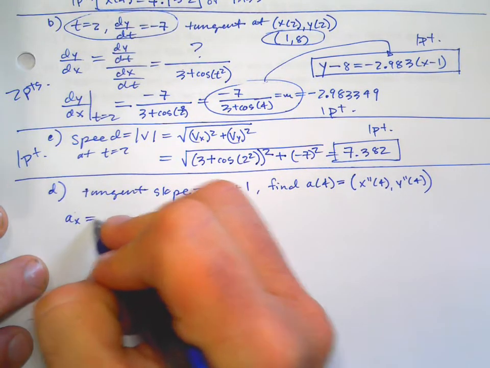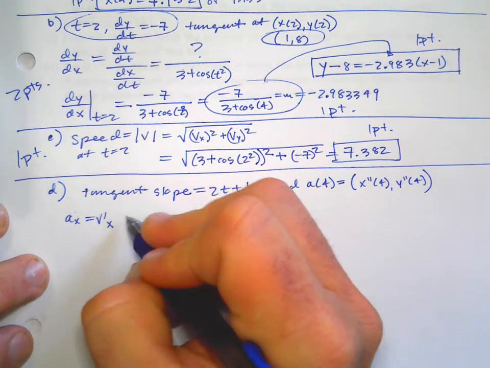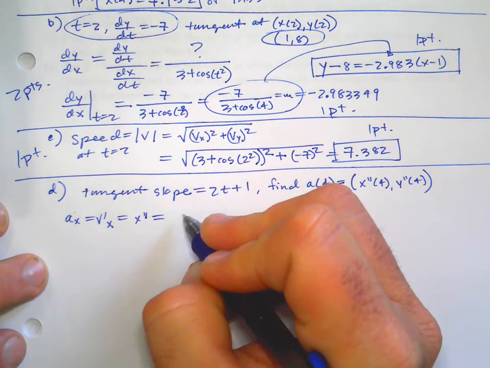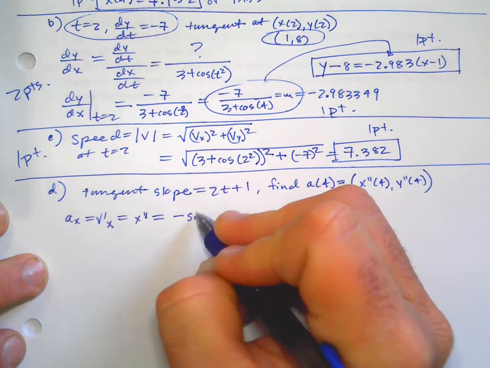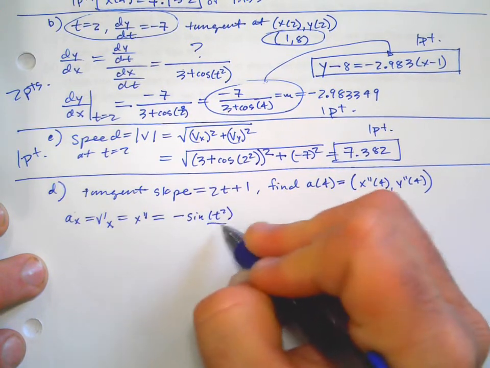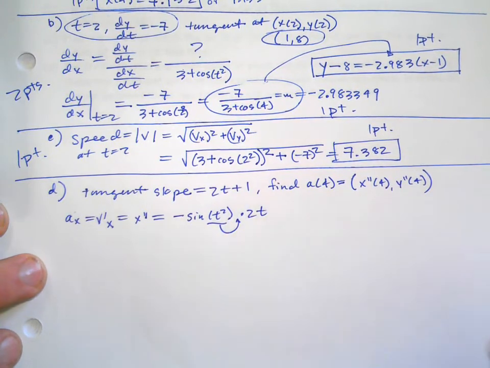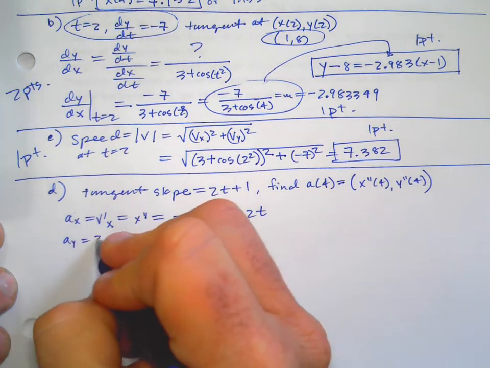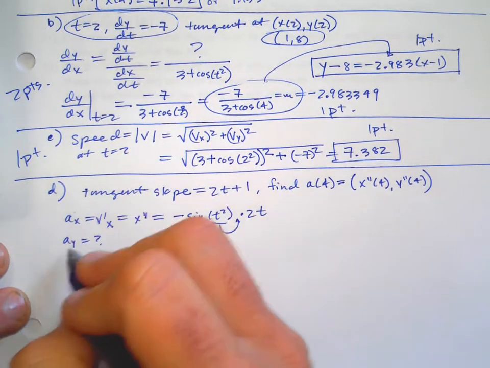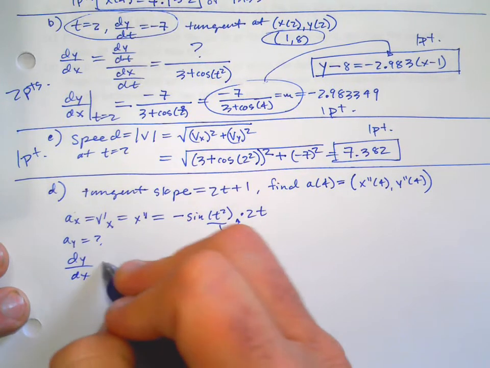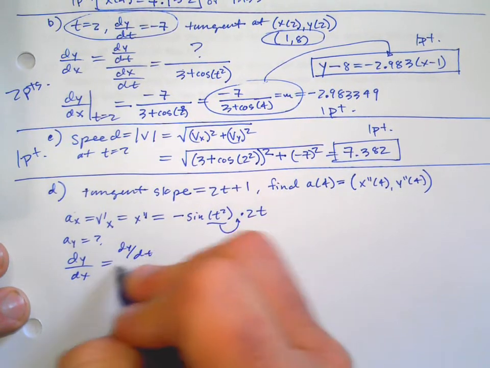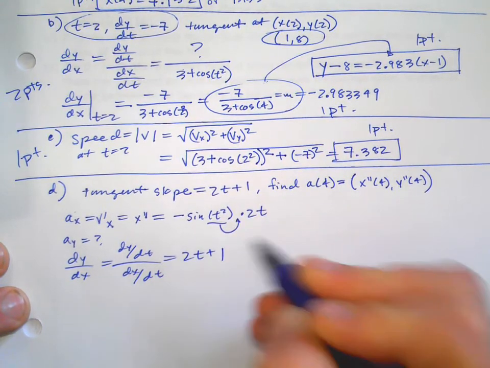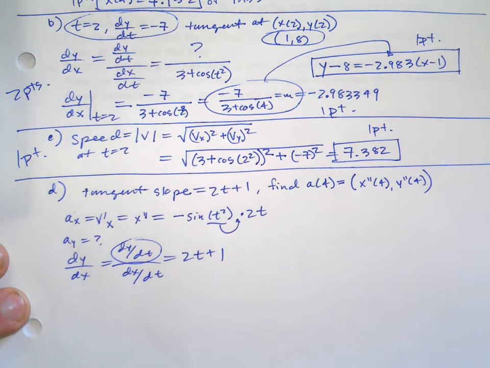acceleration x, which is the derivative of velocity of x, or x double prime, we can get by doing negative sine t squared times the derivative of what's inside, 2t, chain rule. We can't do that for y because we don't know what this is, but somehow this is going to help us right here. So dy dx, which is dy dt over dx dt, equals 2t plus 1. We want to know this so that we can take its derivative.